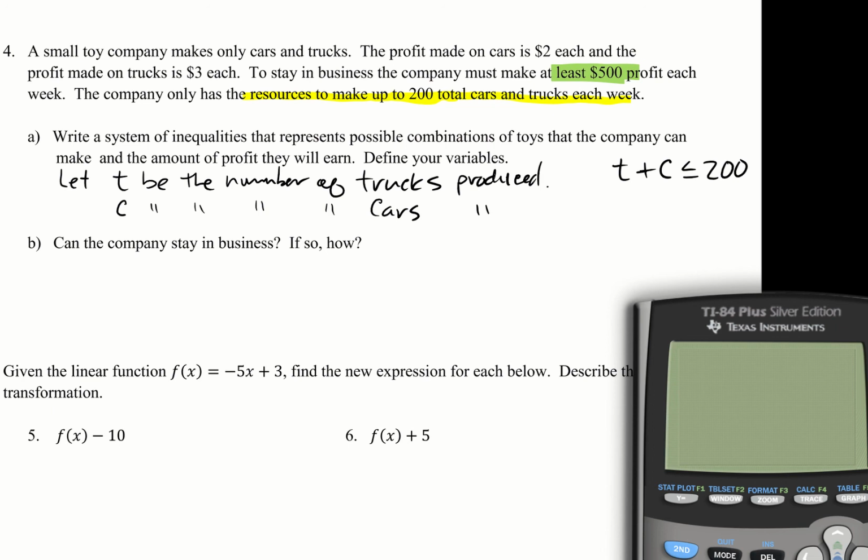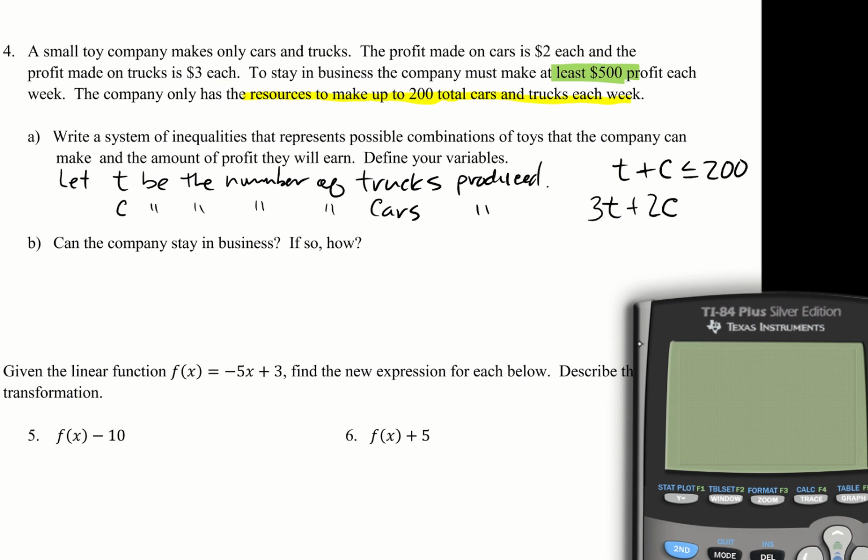So let's think about profit. Every single one of these trucks produces $3 of profit, so I could say 3 times t. That's the amount of profit I'm getting per truck, plus 2 times C. This expression that I've written is the profit from the number of trucks, because every truck produces $3 profit, plus the profit from every car, because every car produces $2 profit.